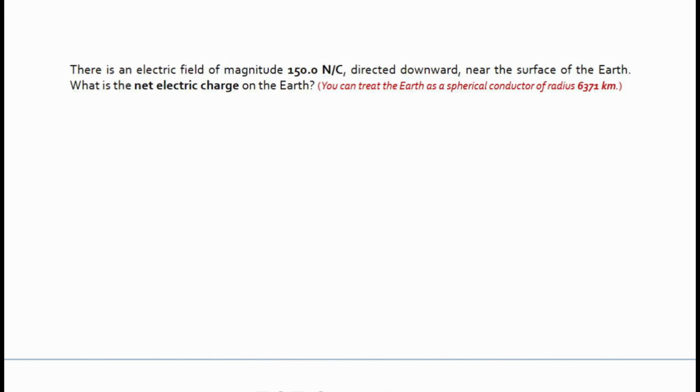There is an electric field of magnitude E given as 150 newton per coulomb, directed downward, near the surface of earth. What is the net electric charge? What are we looking for? Charge. And the word is earth. Can I say sphere? Yes or no?